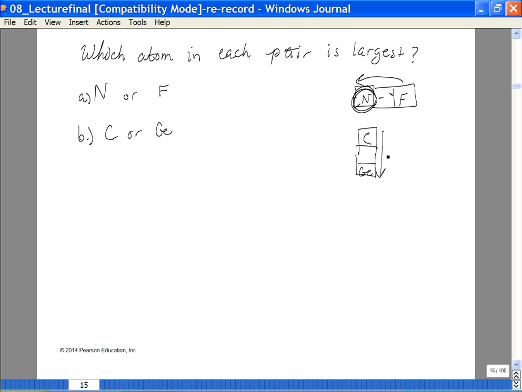And so we know that going down within a family, the larger atom is toward the bottom. Germanium is down further than carbon.